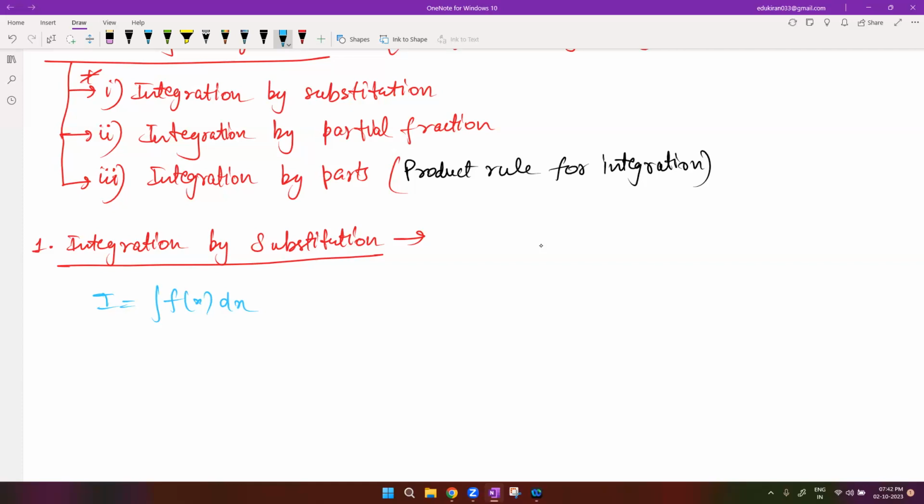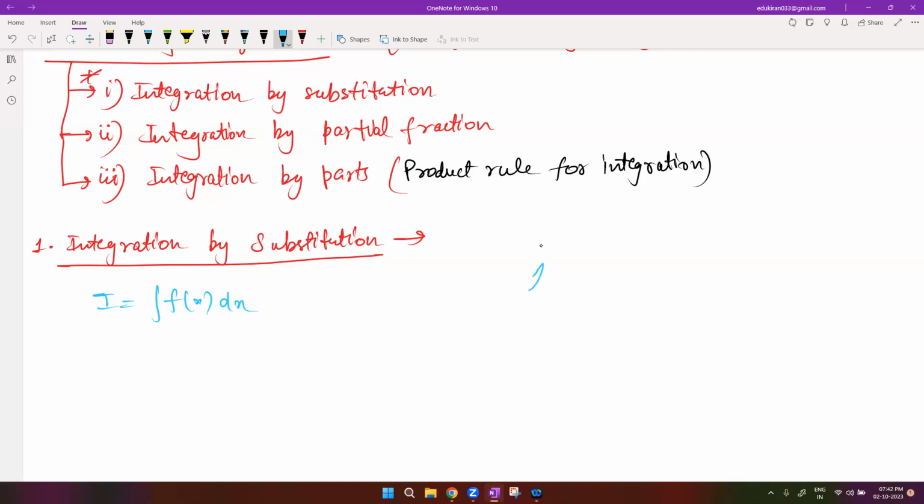So let's approach it like this. If I want to integrate f(x), then f(x) should be a function which can be fitted directly into a formula. For example, if f(x) is sin x, I know how it works. If f(x) is x to the power 7, I know how it works. If f(x) is log x, I also know that, right?